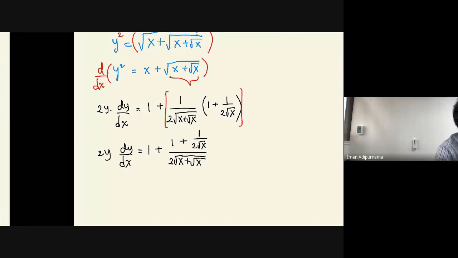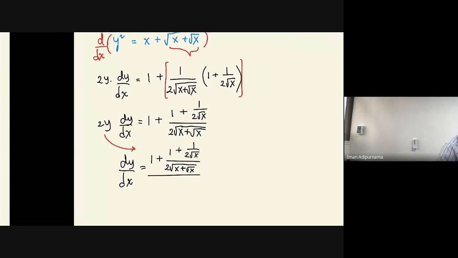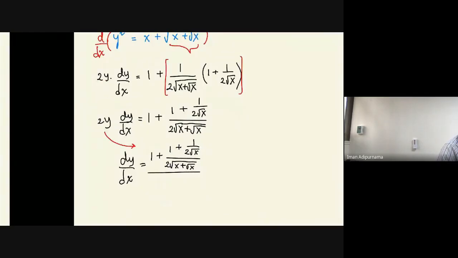Let's move this 2y to the right side, so it will be dy/dx equals 1 plus 1 plus, and then 2y is our original function multiplied by 2.